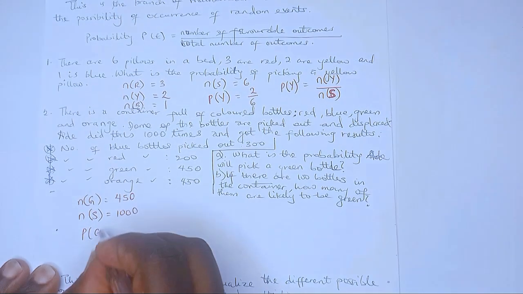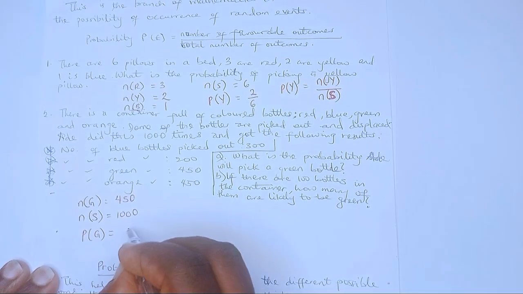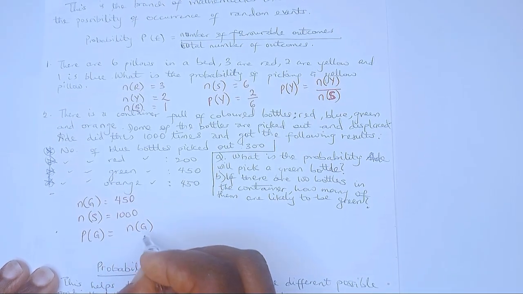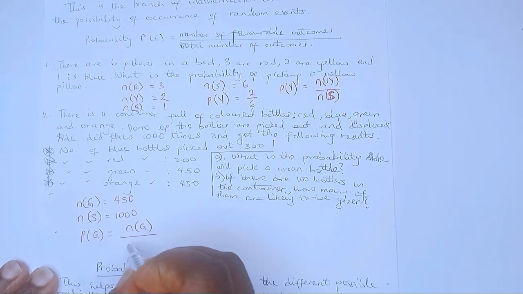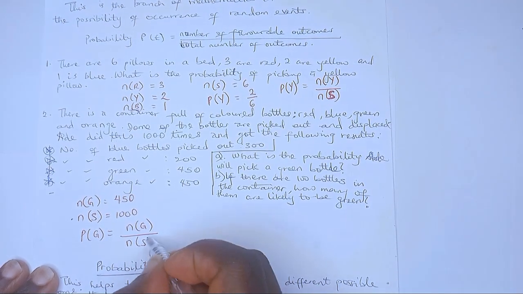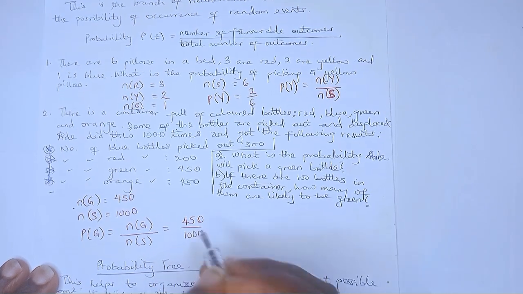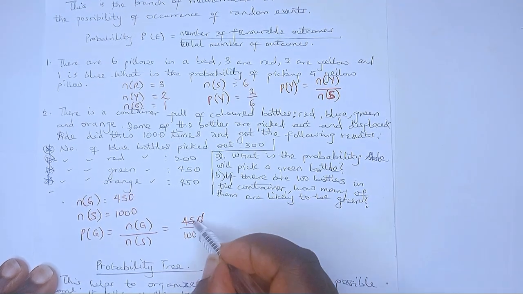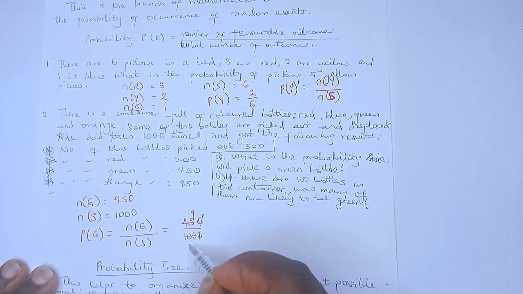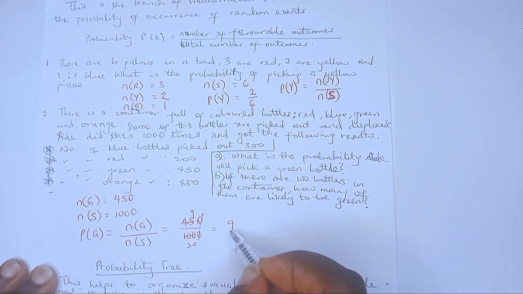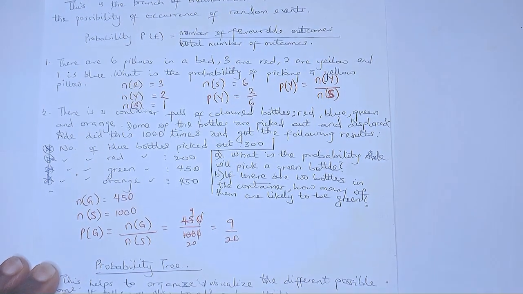Probability that Ade will pick a green bottle, which is P(G), is going to be equal to the number of green bottles present divided by the total number of samples. This gives us 450 divided by 1,000. And then if you divide through, you will have 9/20. So your answer is 9/20.